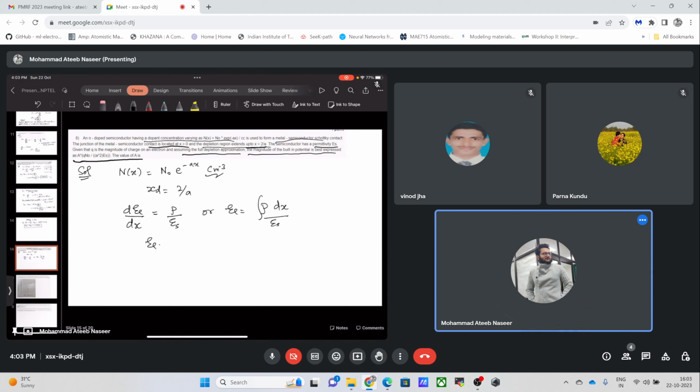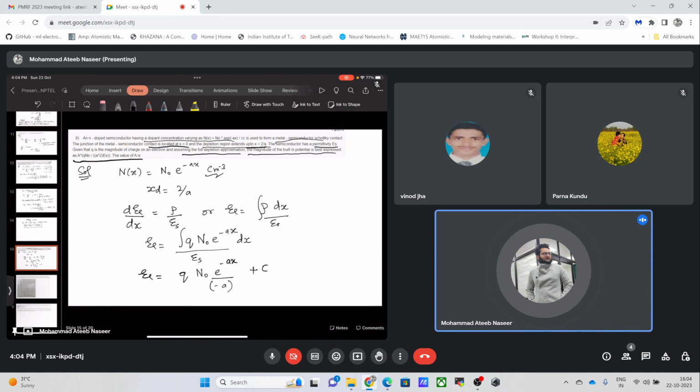The charge density will simply be q, the magnitude of the electronic charge, times n naught exponential of minus ax, integrated dx and divided by epsilon s. As simple as it gets. If I integrate it, it would simply be q times n naught exponential of minus ax divided by minus a, plus some constant.